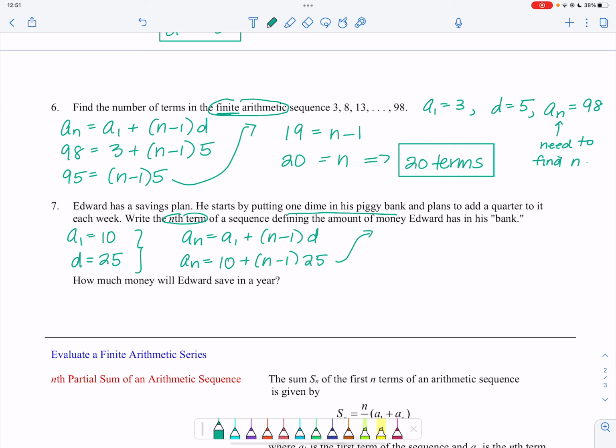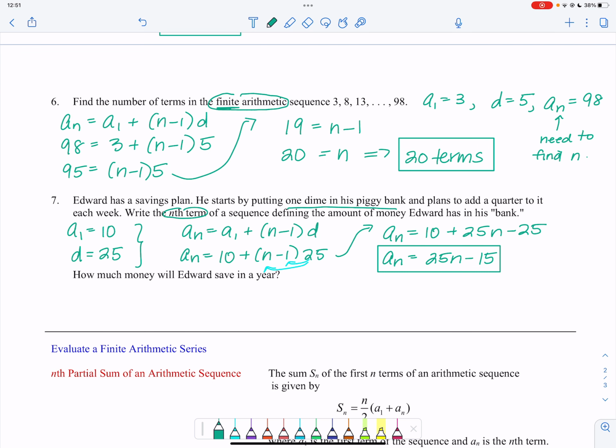We can simplify that: a sub n equals 10 plus 25n minus 25, since we just distributed the 25. Then a sub n is equal to 25n minus 15. That is the nth term, and it defines the amount of money Edward has in his bank.